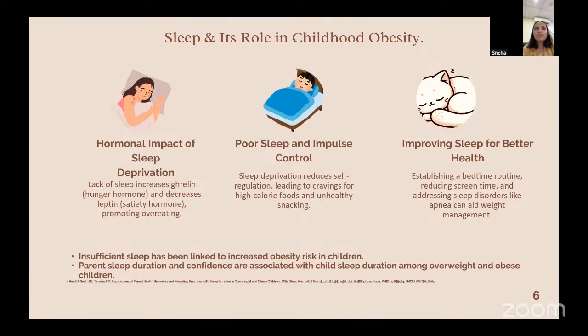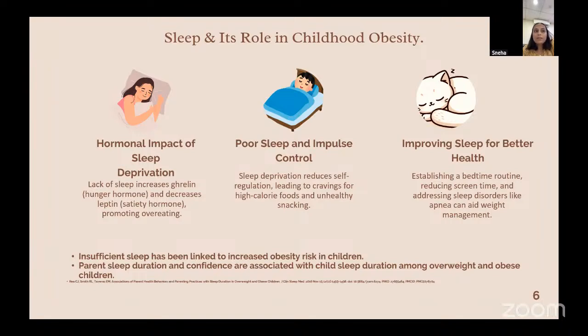Sleep hygiene measures come first, because improper sleep has an impact on hormones. Lack of sleep increases ghrelin, the hunger hormone, and decreases leptin, the satiety hormone, and it promotes overeating.